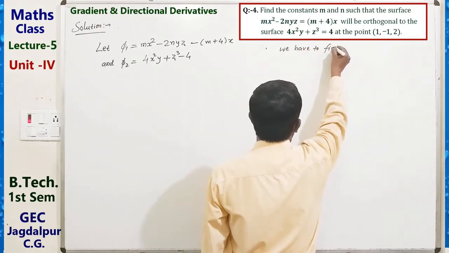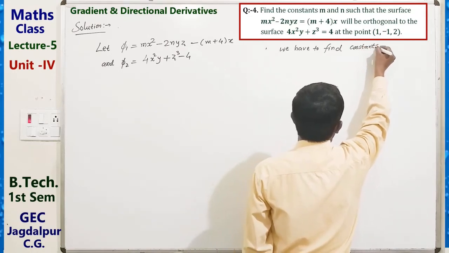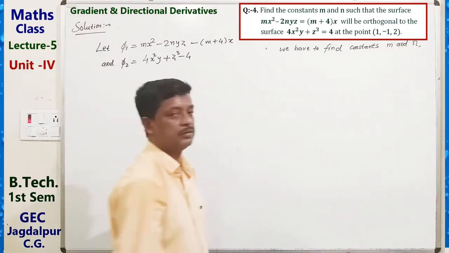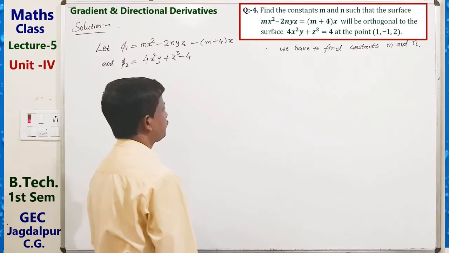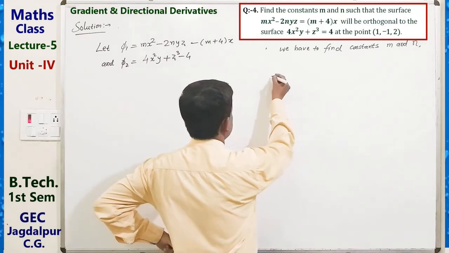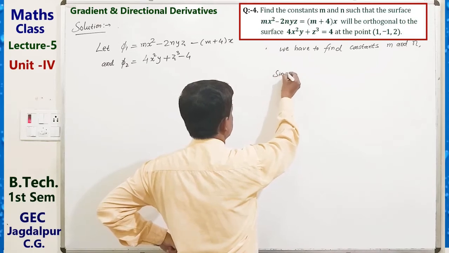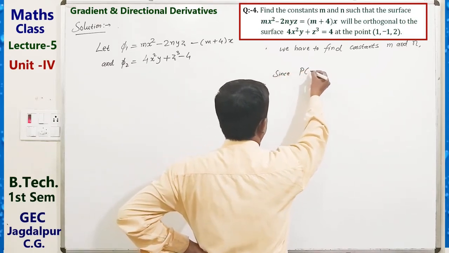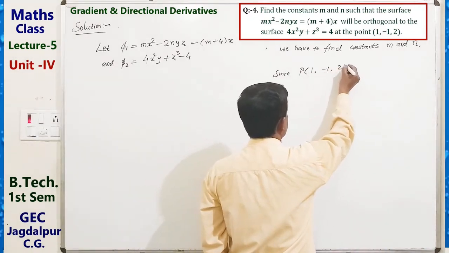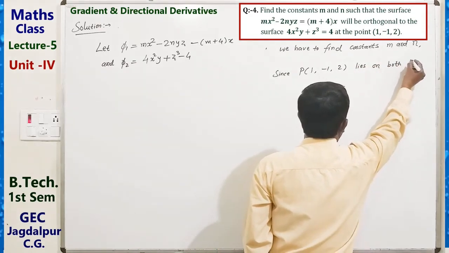Here we see that the point P (1, minus 1, 2) lies on both surfaces.